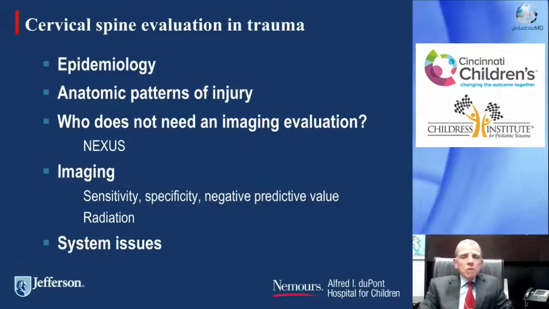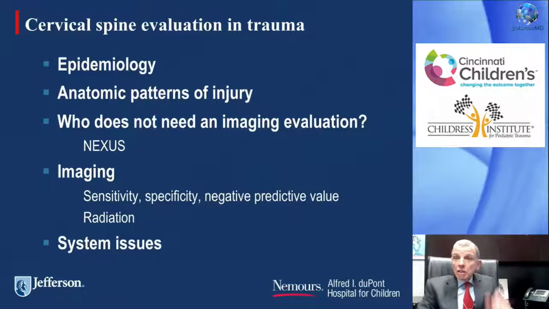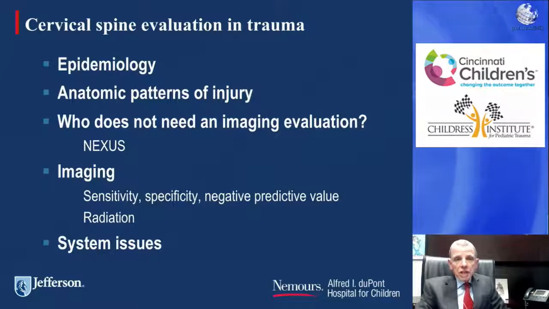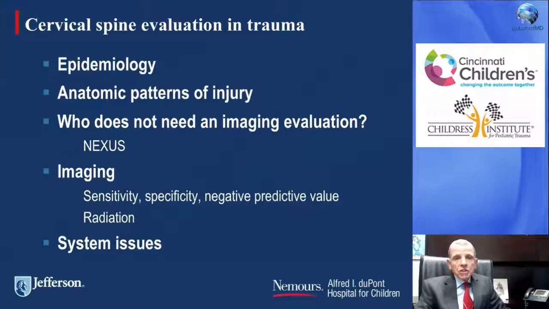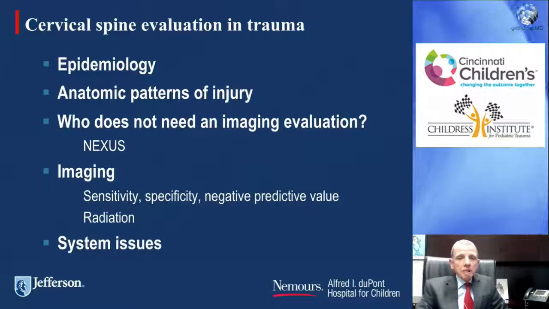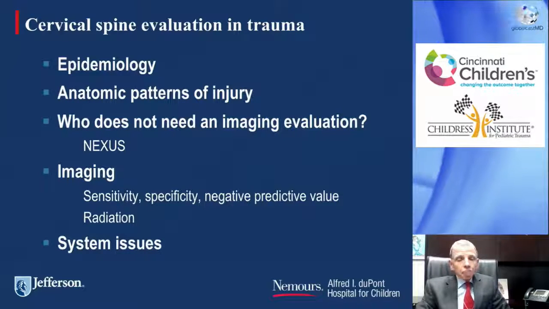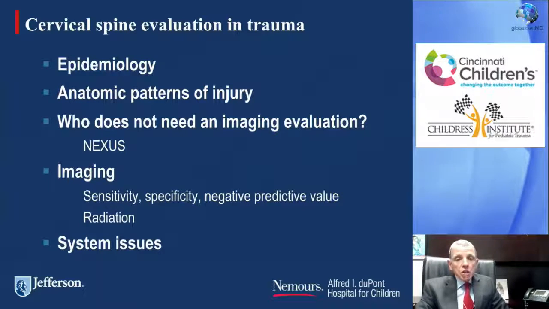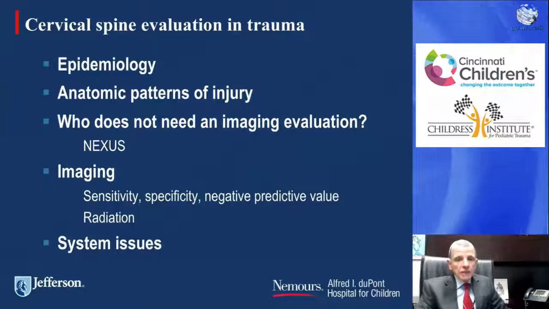I'm going to say a few words about the epidemiology, some familiar words about anatomic patterns of injury at various ages. We'll go through the NEXUS process and discuss who does not need an imaging evaluation. We'll discuss the commonly used imaging modalities, and their advantages and drawbacks. And I'll wrap up with some system comments.